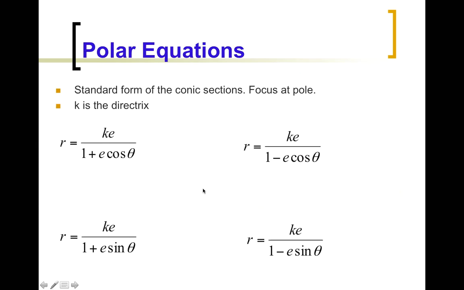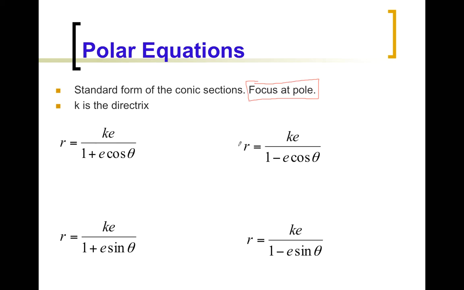All right, so let's look at the standard form. We have 4 different standard forms. The reason these are necessary is because every single polar equation that we're going to be dealing with in this section has this one statement right here. Very important. For a parabola, its only focus is at the origin, or at the pole.